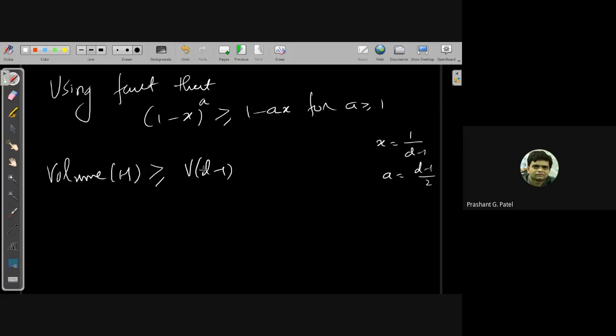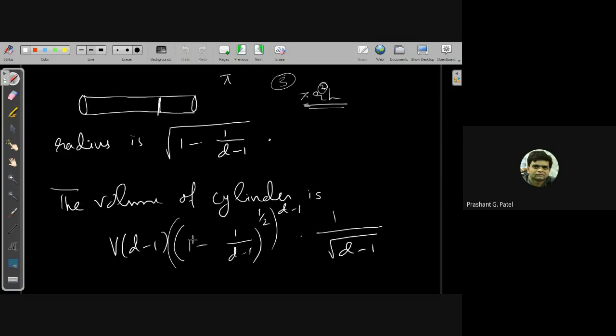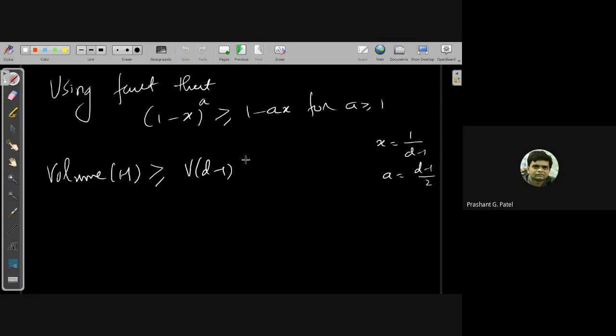And if we use that here, then you will see that it is 1 minus ax. Let me write first the whole thing, that is (1 minus 1 upon d minus 1) power d minus 1 by 2, into the height, that is 1 upon square root of d minus 1.